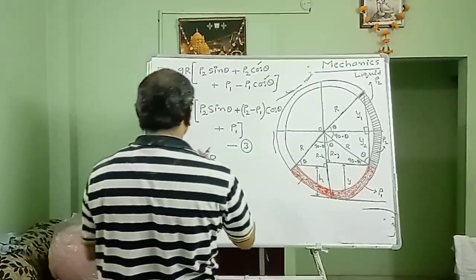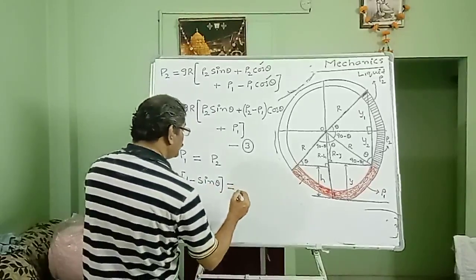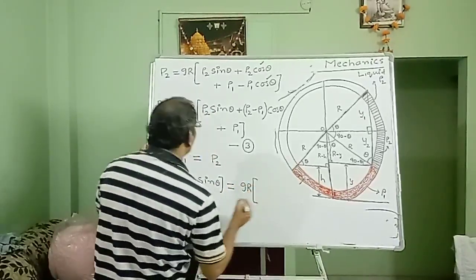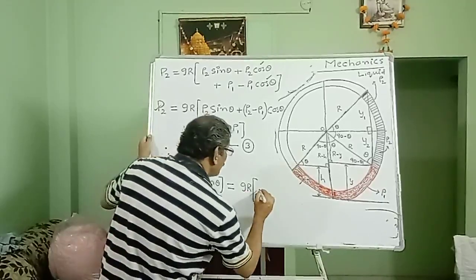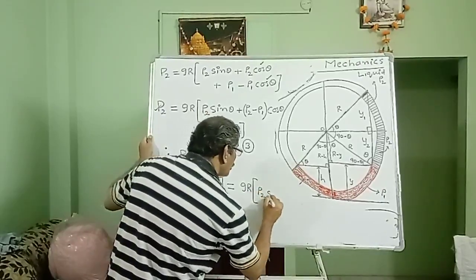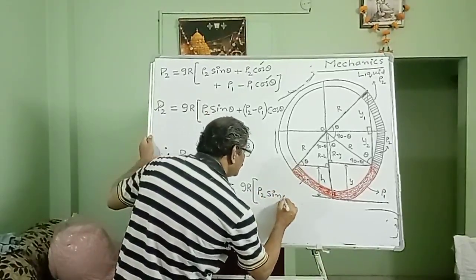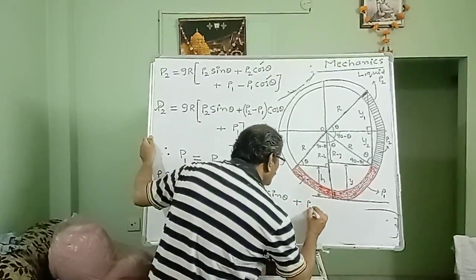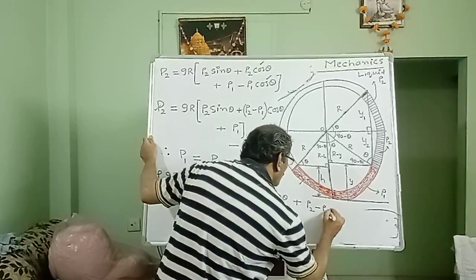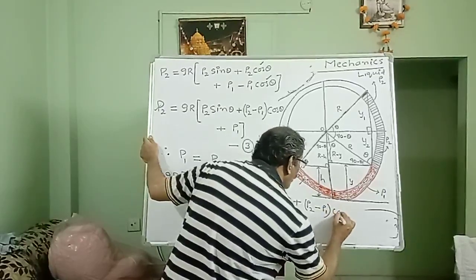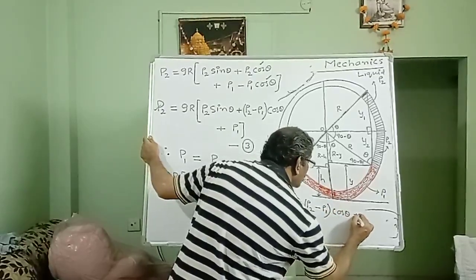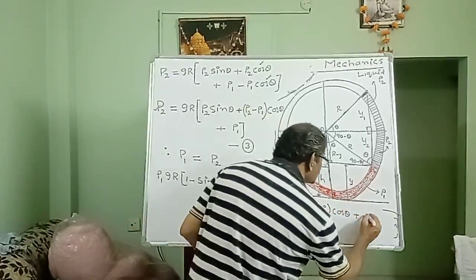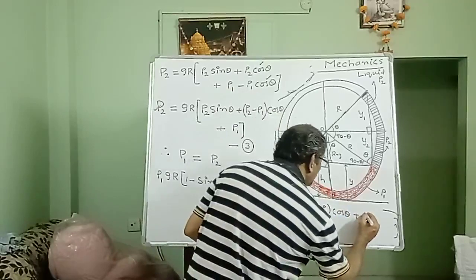Now substitute the value of P2, which is given by GR whole multiplied by rho 2 sin theta plus the second term, rho 2 minus rho 1 cos theta, plus the third term, plus we got rho 1.